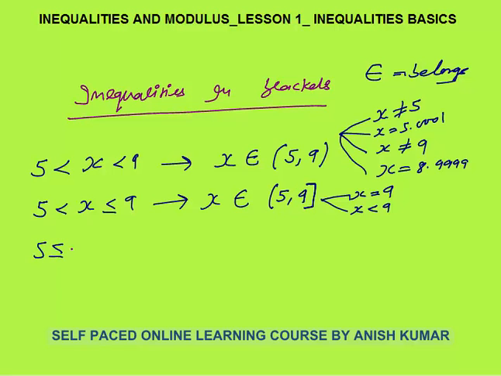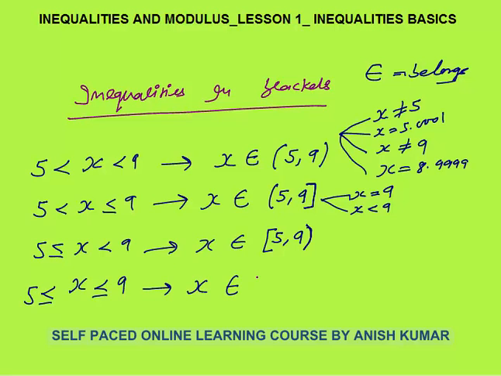How to represent this? We say that x belongs to, now 5 is there, greater than or equal to 5, and 9 is not included, so a small bracket will come on the 9. What if x is greater than or equal to 5 and less than or equal to 9? We will say that x belongs to [5, 9].